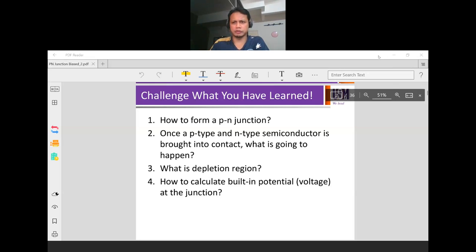What else will happen? So you have diffusion, and what's next? Apa lagi akan jadi? So the moment they have diffused, then what happens? Anyone else?